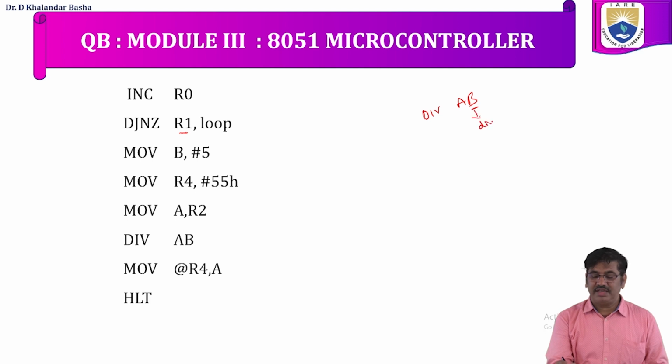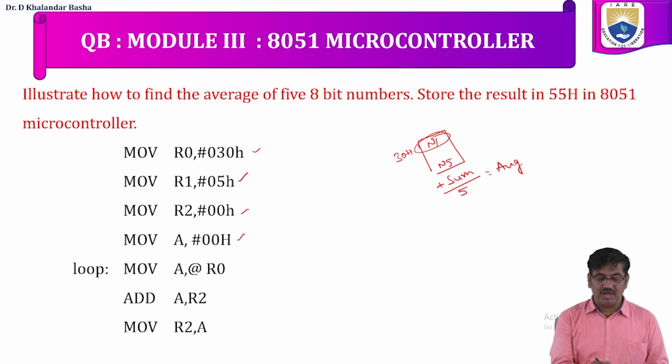So the divisor here is 5. A is the dividend, which is the sum in the R2 register. So the R2 register contents will be loaded back into the accumulator.